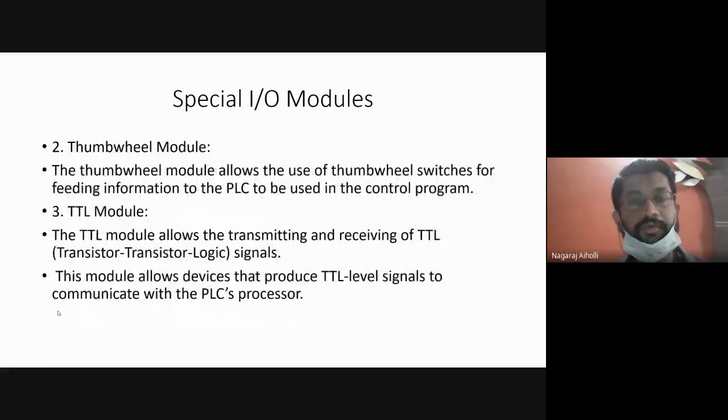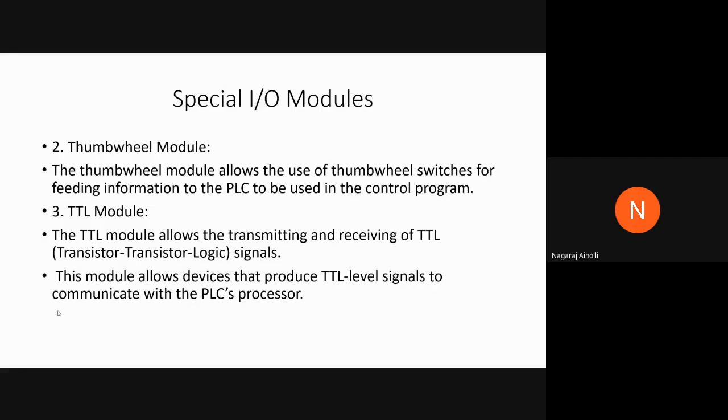Next, the second type of special IO module is a thumb wheel module. Now this thumb wheel module has certain decimal values, or numbers, being displayed on it.